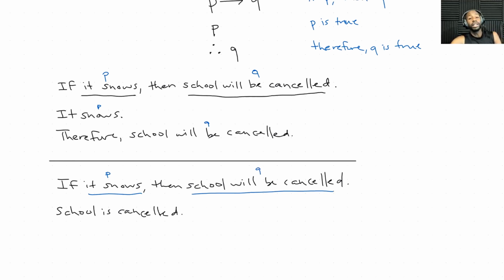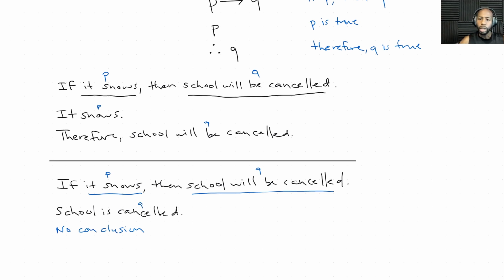Now, the law of detachment states that if P then Q and then P is true, therefore Q is true. It doesn't say Q is true, and then you can conclude that P is true. It doesn't say that. So therefore, there is no conclusion. Based on the law of detachment, you can't make a conclusion from that.